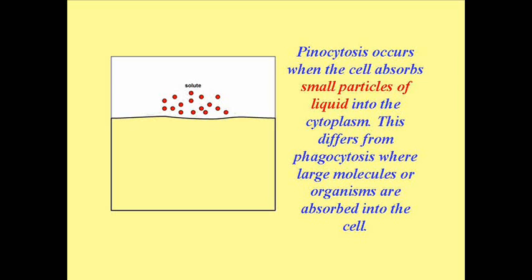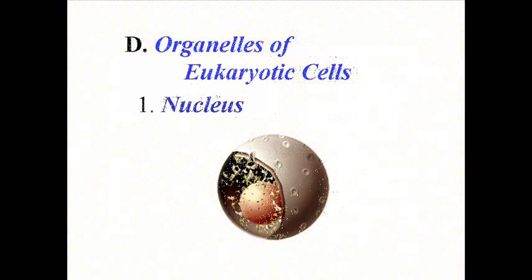Pinocytosis is a bit rarer, but it is a process of absorbing fluids into the cell itself. So these are the essential characteristics and strategies that you usually find in these eukaryotic, or complex, cells.